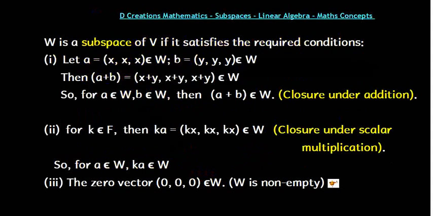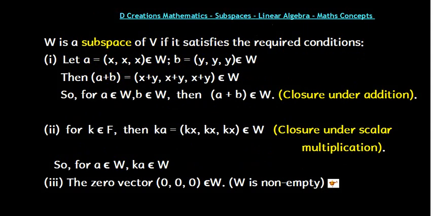So now we can consider any two elements A and B belonging to W. Since all the entries need to be equal, we can call A to be (x, x, x) and B given as (y, y, y). Now what is going to be their addition? We are just going to add the respective components. So if you are adding (x, x, x) and (y, y, y), x is added to y.